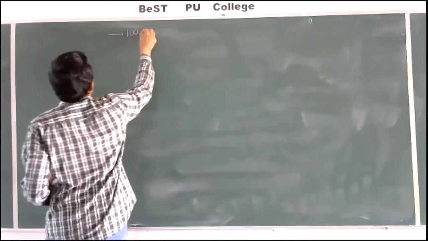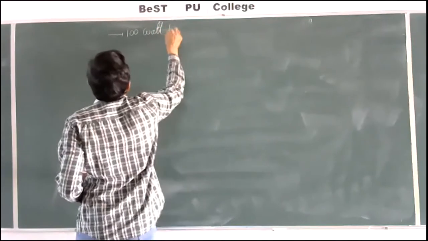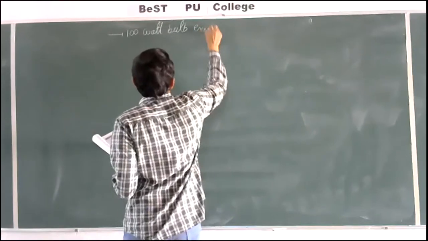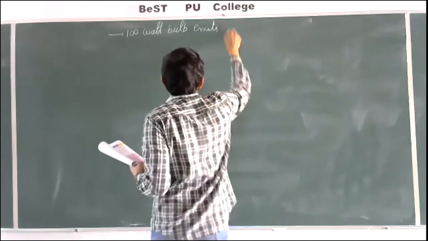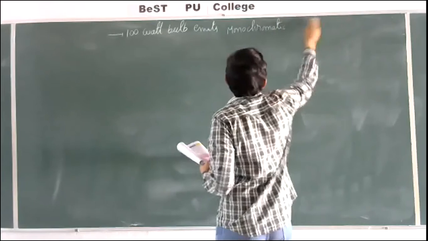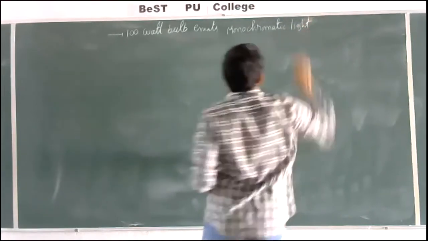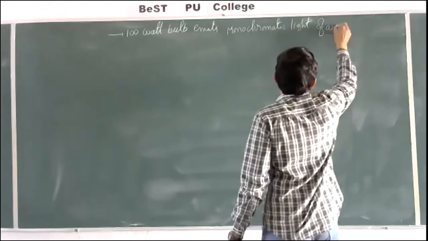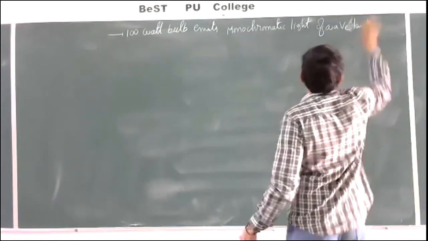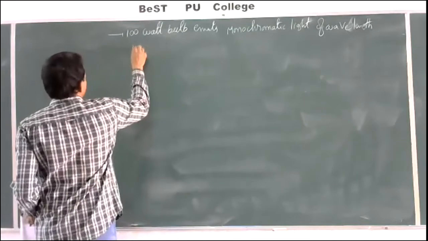So this is an example problem. A 100-watt bulb emits monochromatic light of wavelength 400 nanometers.